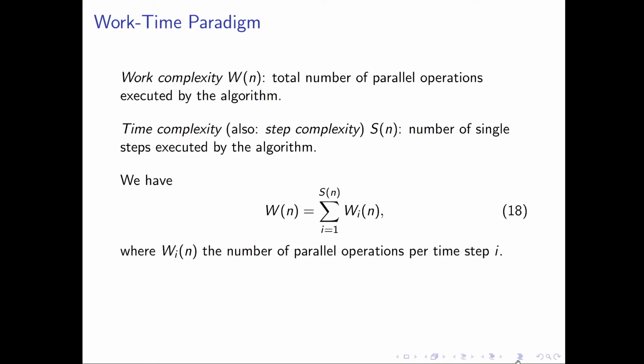Per definition, the total work complexity is the sum of the individual work complexities of each time step. This variable w subscript i is just the number of parallel operations per time step i.